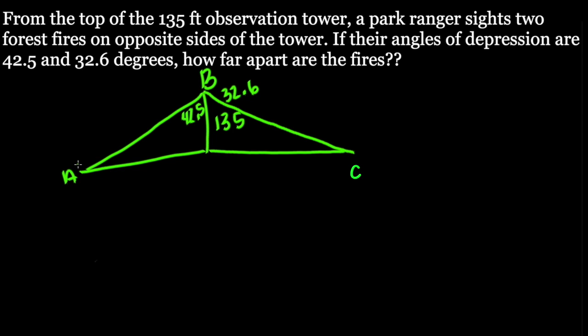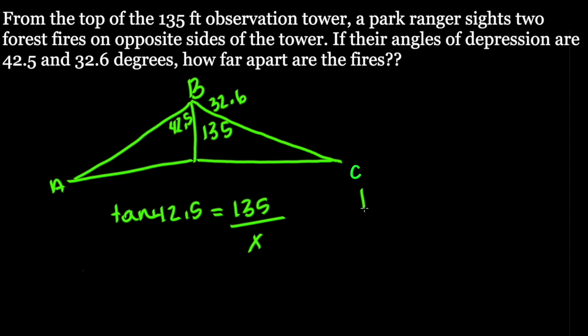By looking at the triangles as a whole, we can see that we need to find the distance from point A to point C, which is what the problem asks us to do. So we need to find the lengths of these sides in the smaller triangles. We can use the tan function to find this since we need to find the length of x, and we know the length of y. So our two formulas are going to be the tangent of 42.5 equals 135 divided by x.